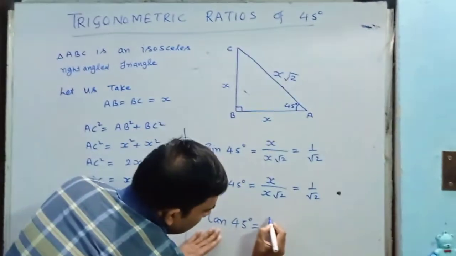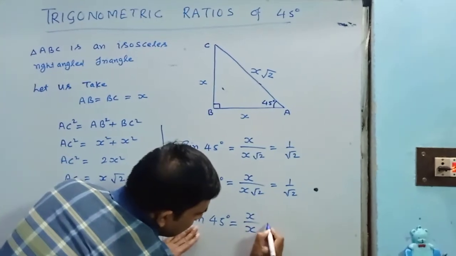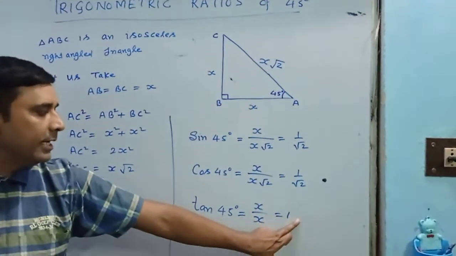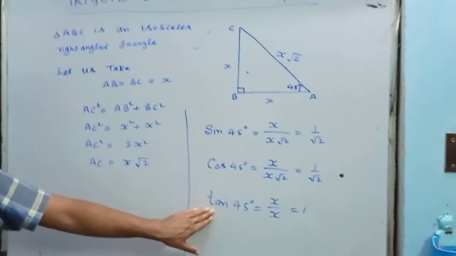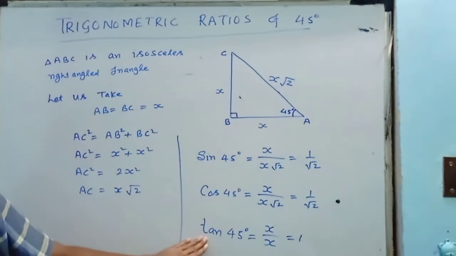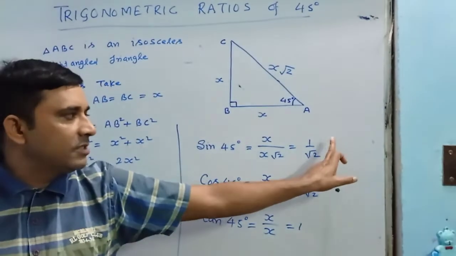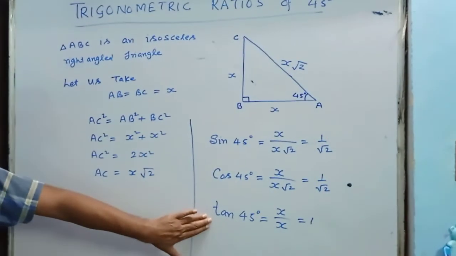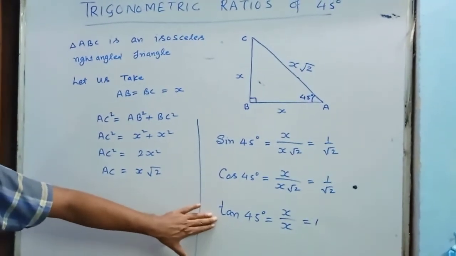So x by x that is 1. Here also the value 1 will come. And if you use the formula tan theta is equal to sin theta upon cos theta, tan 45 is equal to sin 45, that is 1 by root 2 upon 1 by root 2, 1. So by definition you can find the value of tan 45, or you can use formula.